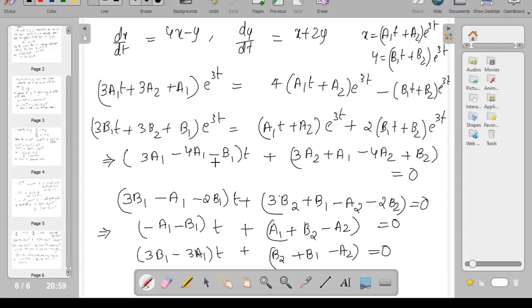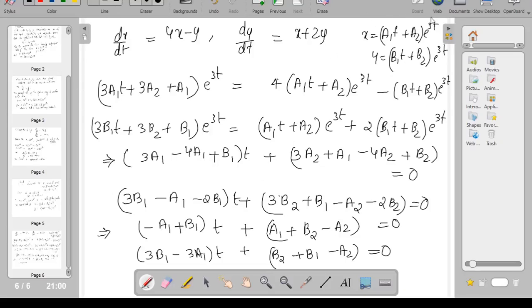So here there was a mistake in the first equation. Here 3a1 minus 4a1 plus b1 comes, so plus b1 will come.